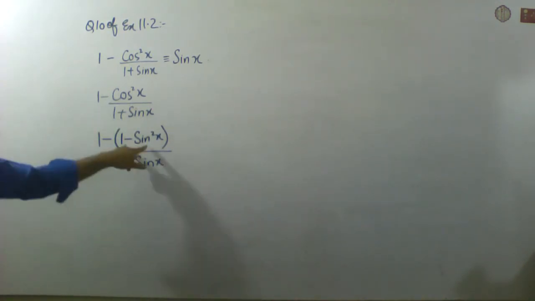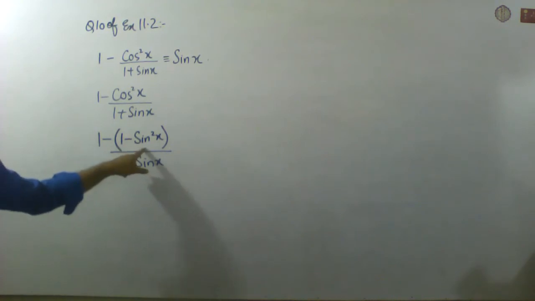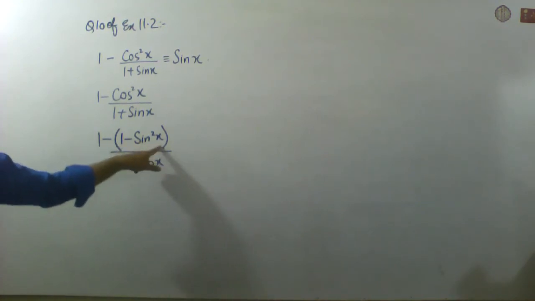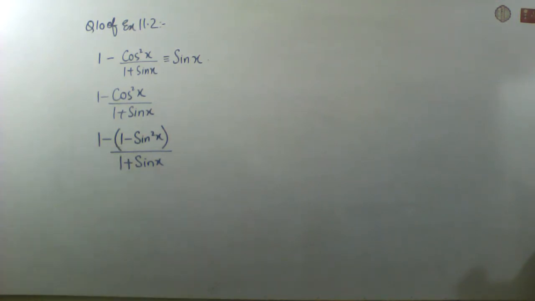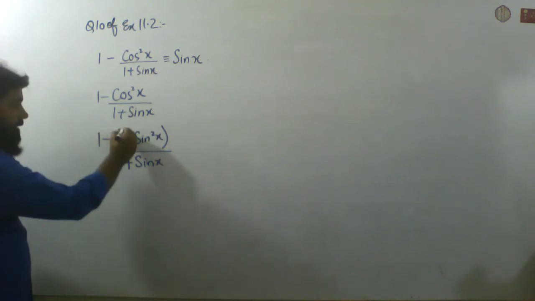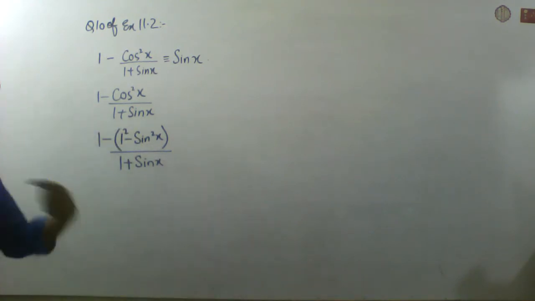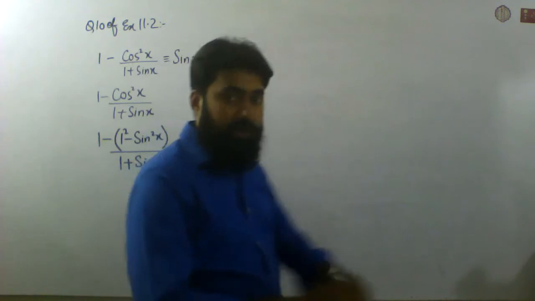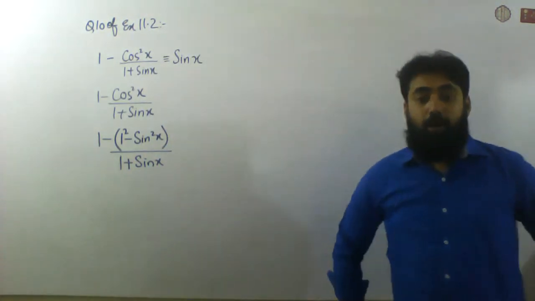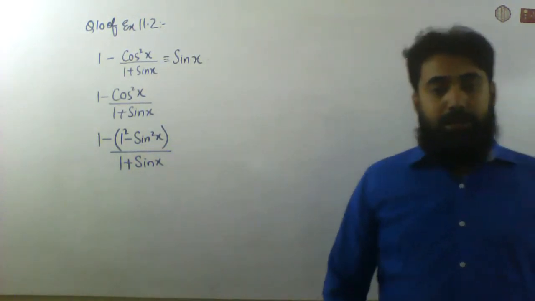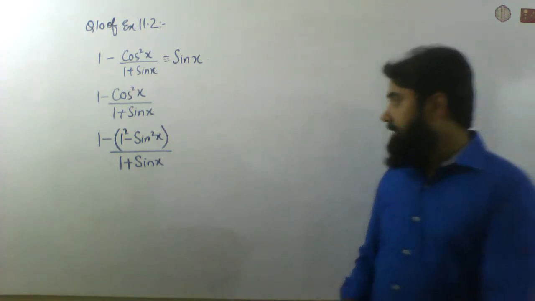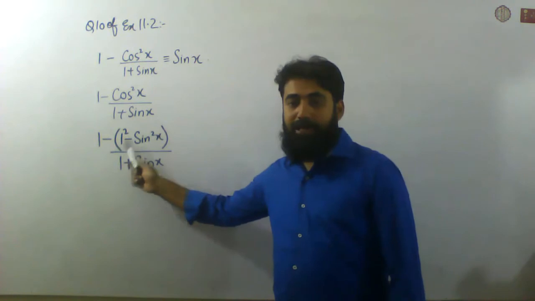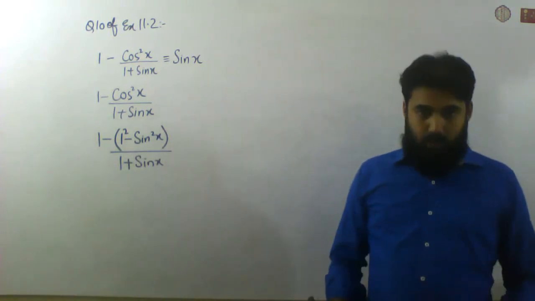Now this is written 1 over here. If I would apply square on 1, it will make no difference because 1 square is again equal to 1. Either I write it 1 or I write it 1 square.